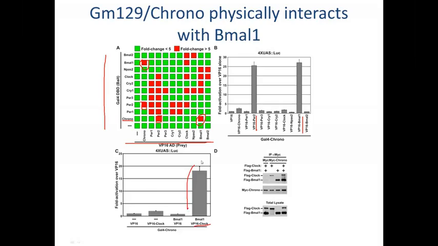So this is sort of the native form of BMAL. And in the lower right-hand side, you see IP Westerns, where we have tagged versions of the activators CLOCK and BMAL and Chrono, and you can see that there's a strong interaction between Chrono and BMAL1 and BMAL1 and CLOCK over here on the right-hand side.